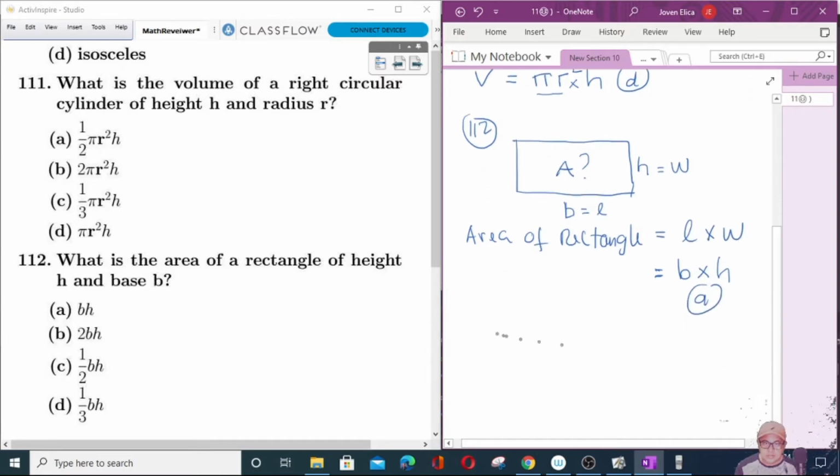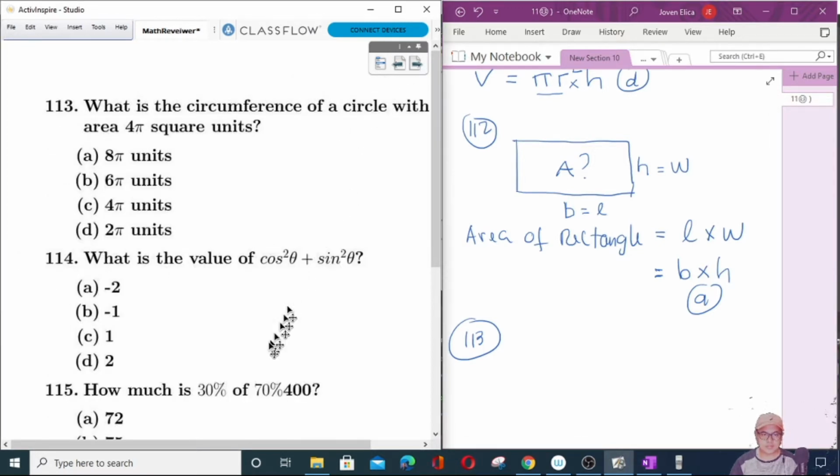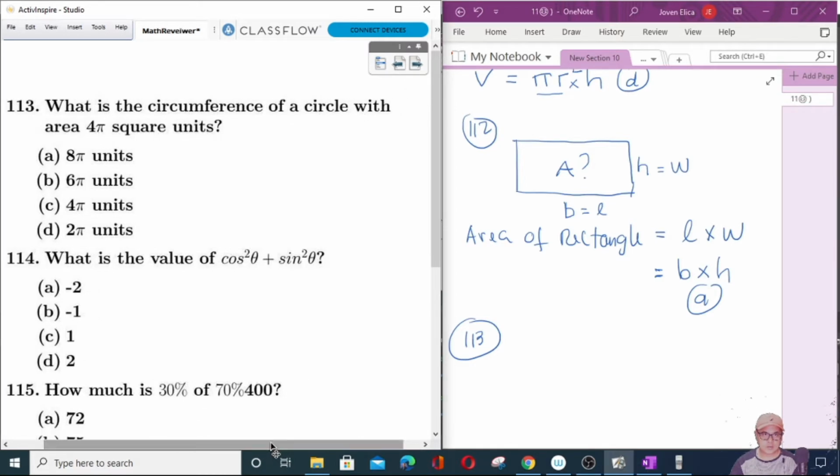Alright, so number 113. What is the circumference of a circle with area 4 pi square units? So we are asked to find the circumference.